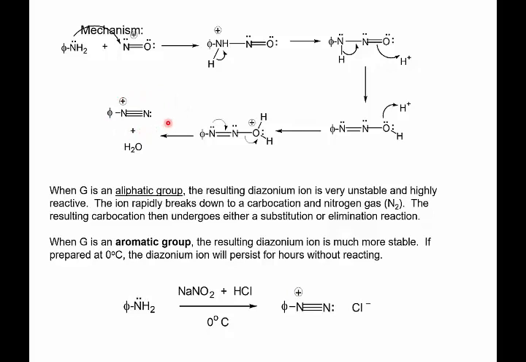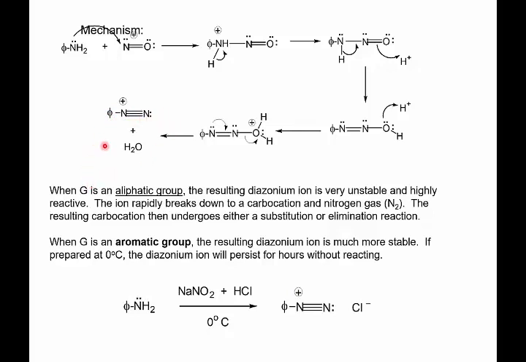Now there's going to be a counter ion with that. If you used HCl, it'd be called a diazonium chloride. Now the diazonium chloride, depending on what this group here is, is going to be very unstable or have only a modest stability.